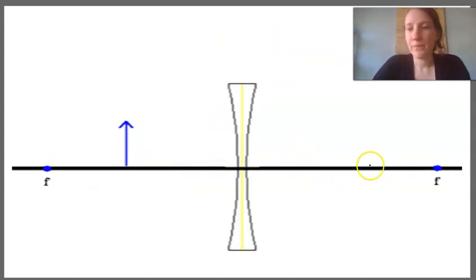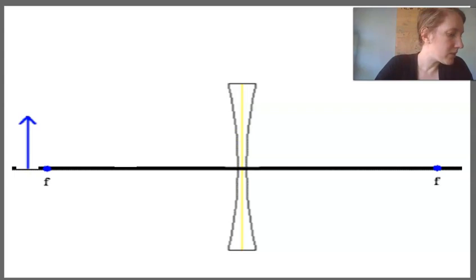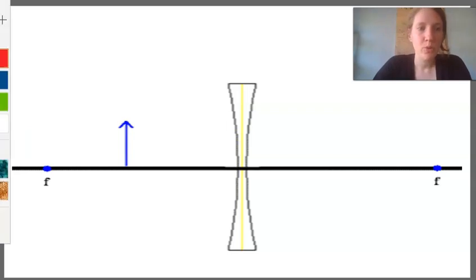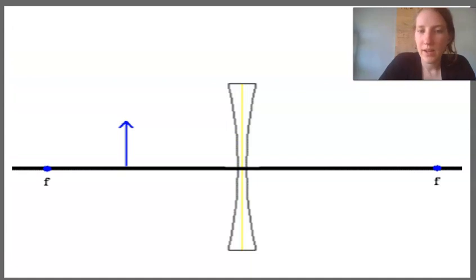So it doesn't matter how we orient our object, whether it's in front of the focal point or behind the focal point. What we can see is it will still create a smaller, upright, virtual image, but I will show you how that happens.